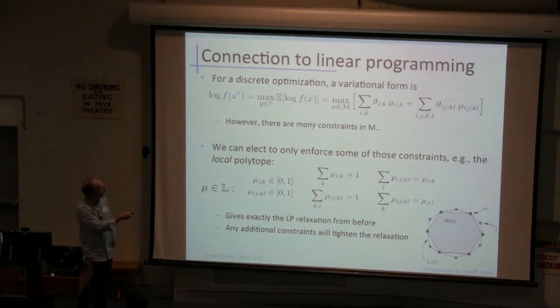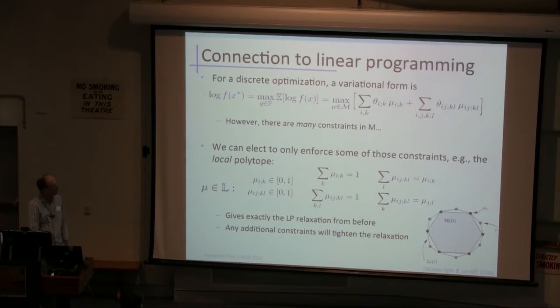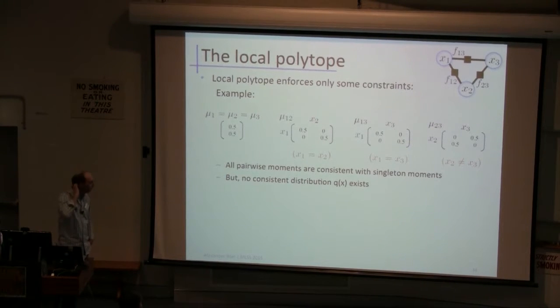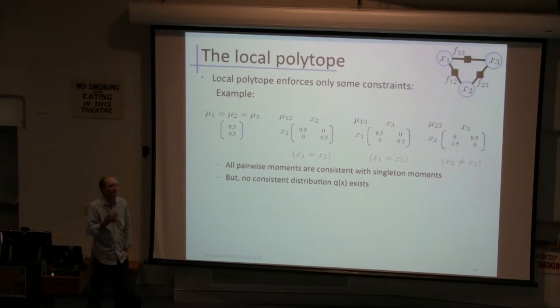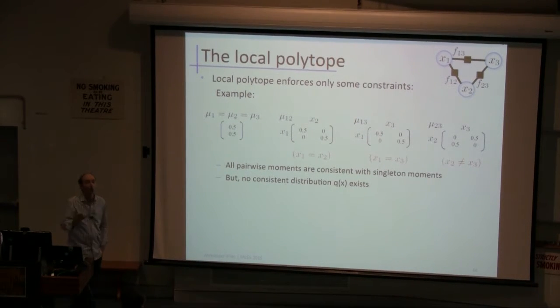So this L is an outer approximation to M, which relaxes this constraint set. This local polytope may have things in it that don't correspond to real probability distributions.